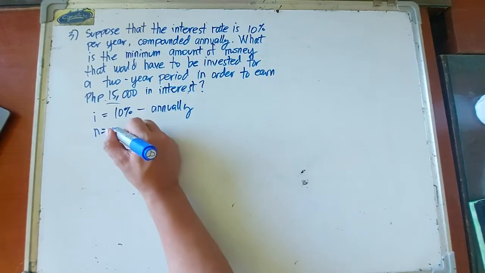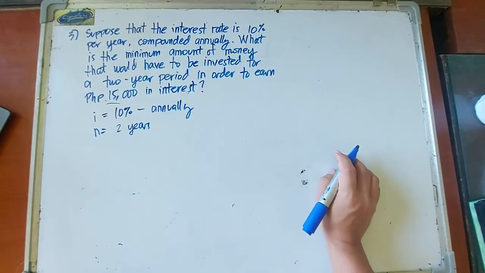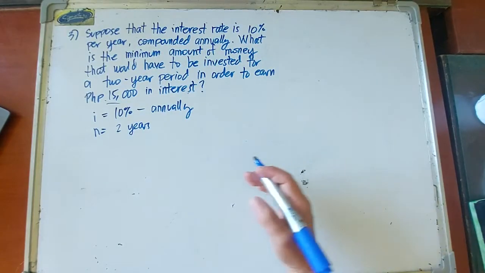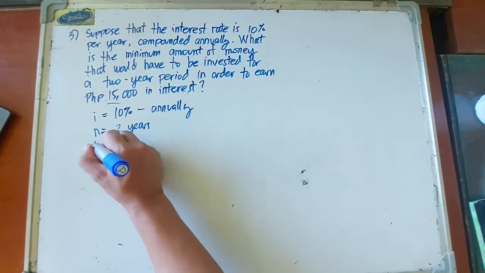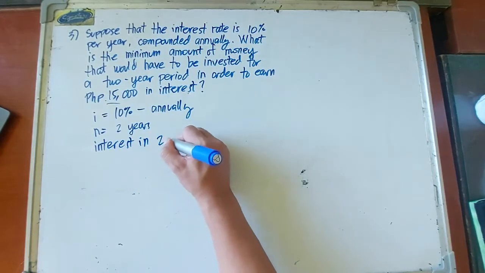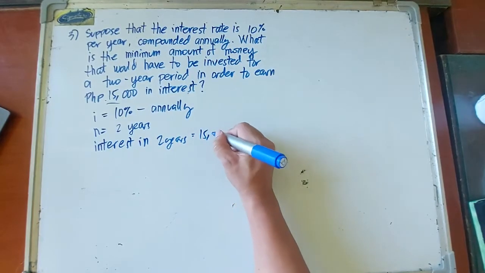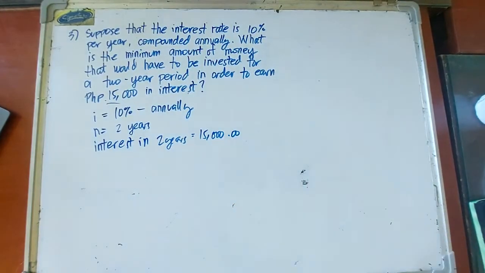N is 2 years. The interest in 2 years is 15,000. The interest in 2 years is 15,000.